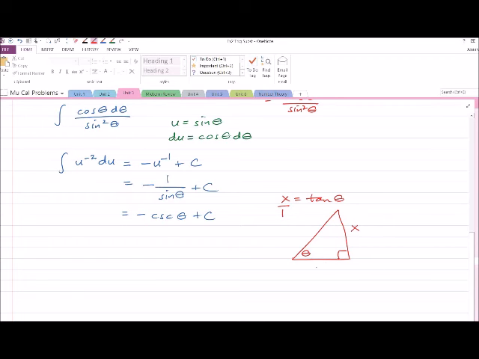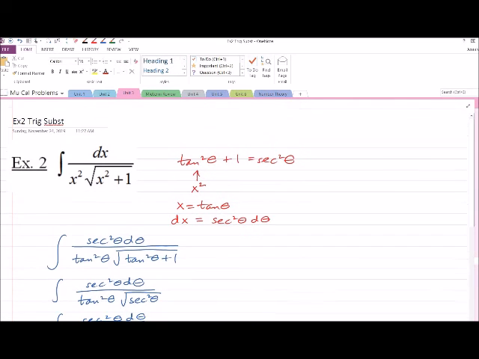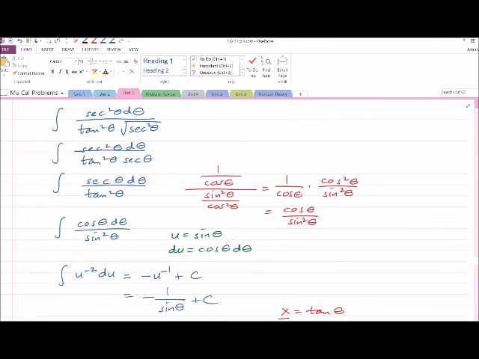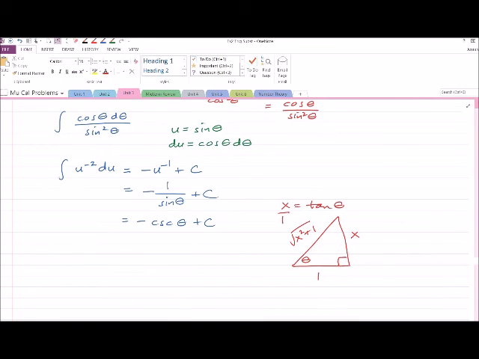So here's opposite over adjacent, and if I use the Pythagorean theorem, the hypotenuse of my triangle will be the square root of x squared plus 1. I want to point out that that ends up matching part of my original integral. I had the square root of x squared plus 1.